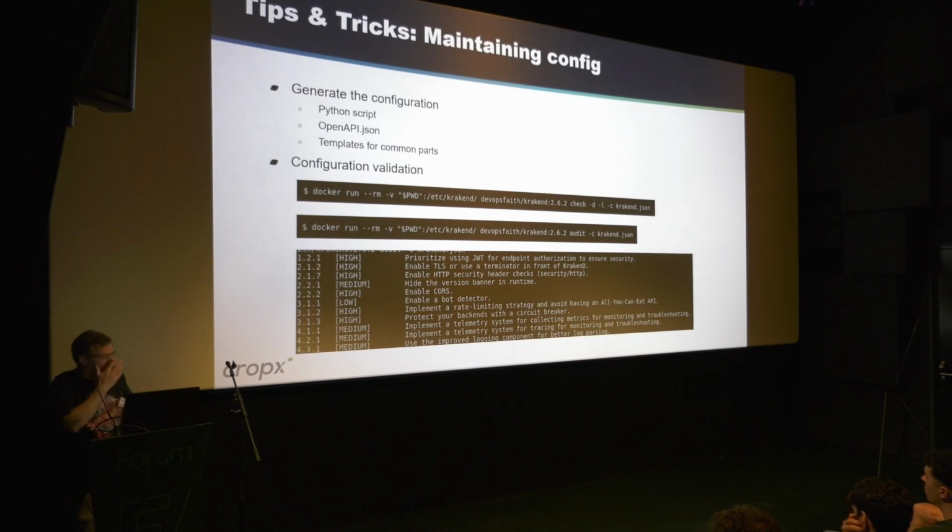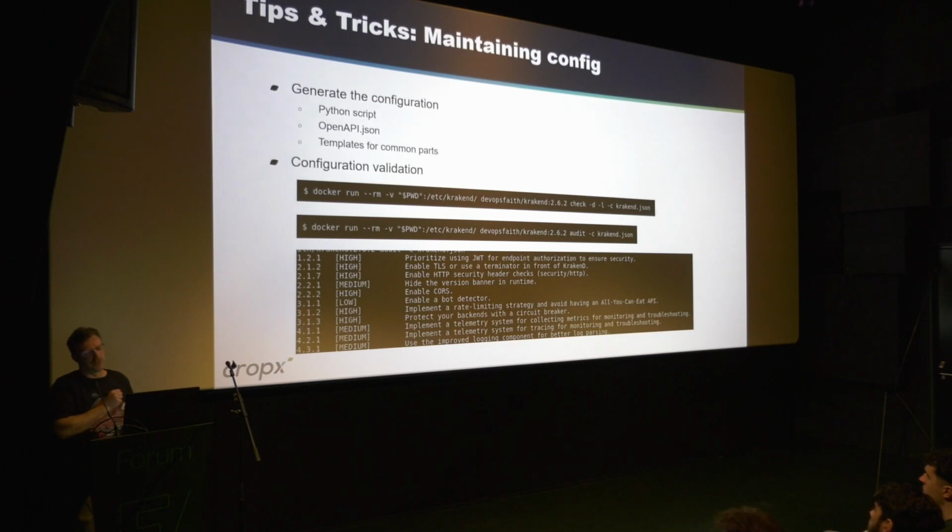So what I recommend, and what I do: if you have a FastAPI application, for instance, there's an OpenAPI JSON specification exposed, and you create a Python script to consume that specification and generate the KrakenD config, as soon as you've found out how you generally want things configured.